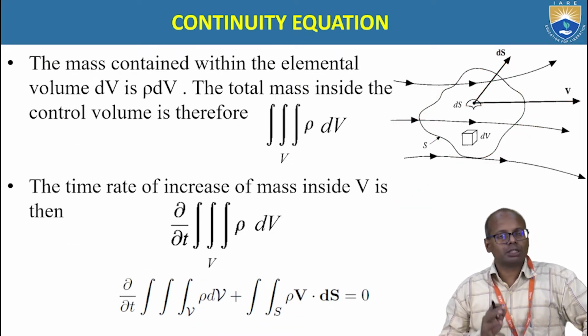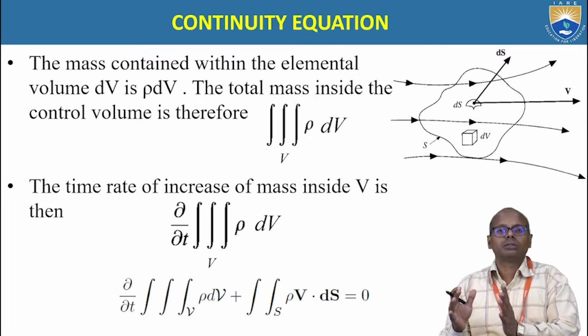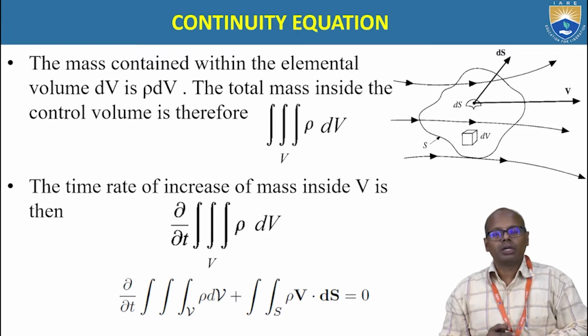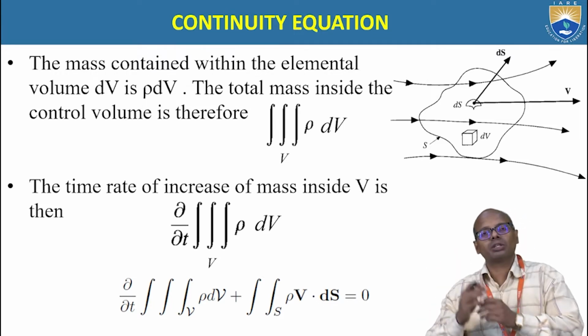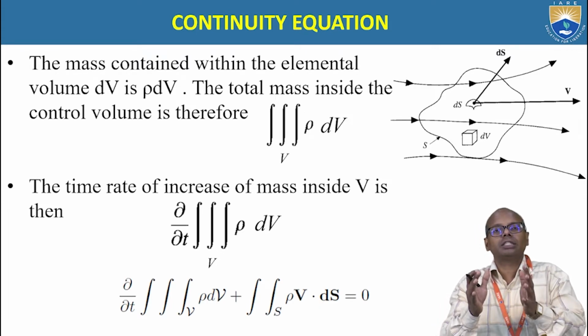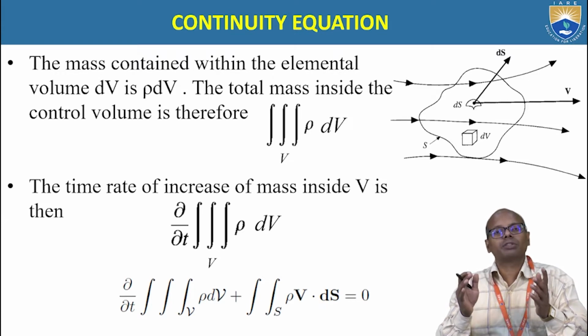So that is one thing. With one concept we have derived the total mass leaving the control volume. If the total mass is leaving the control volume, then there is a change in the mass of the control volume. So how to get the change in the mass of the control volume?